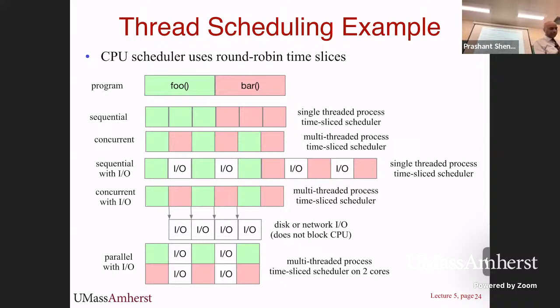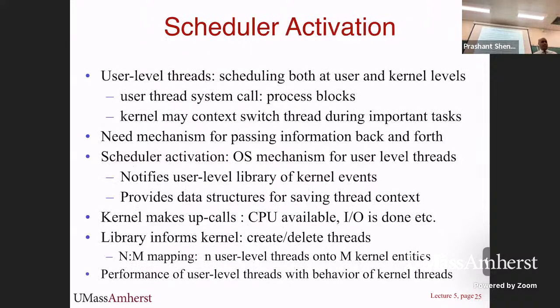One minute remaining. So I'm going to very quickly talk about scheduler activation, which is a way by which you can use user level threads, but somehow inform the kernel about the presence of other threads. So you don't block as soon as the first user level thread makes a blocking call. As I said, that's a disadvantage of a user level threads library.